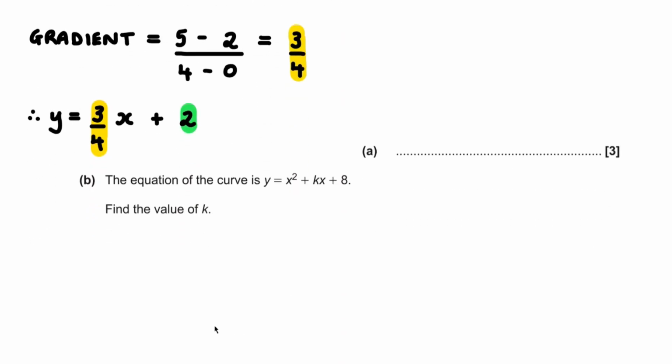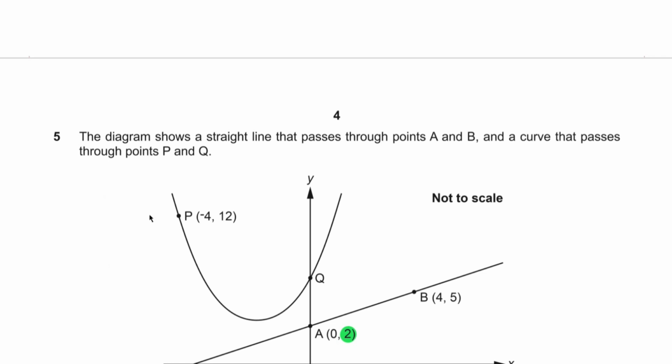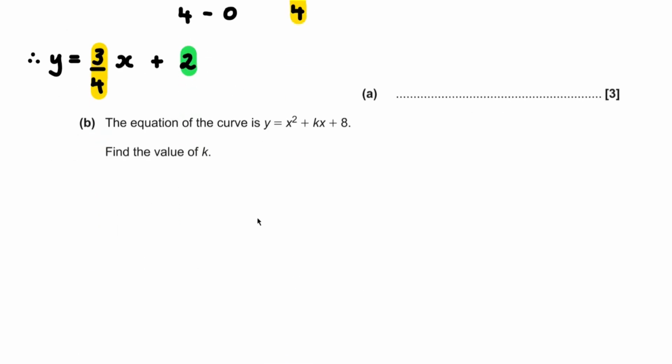Part B, the equation of the curve is y equals x squared plus kx plus 8. We have to find the value of k. We can find the value of k by substituting in this point P. So let's consider the point P. P is negative 4, 12.